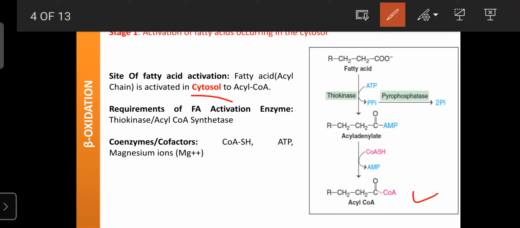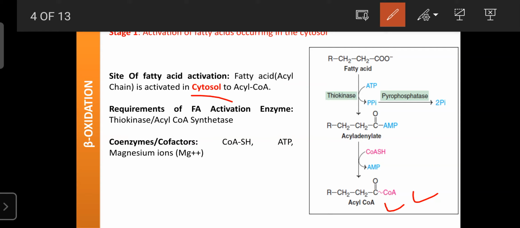But the fatty acid is not able to cross the membrane of the mitochondria. So there is a need for activation of the fatty acids in the cytosol. Only then, as activated fatty acid in the form of acyl CoA, can it enter the mitochondrial matrix and go for beta oxidation.